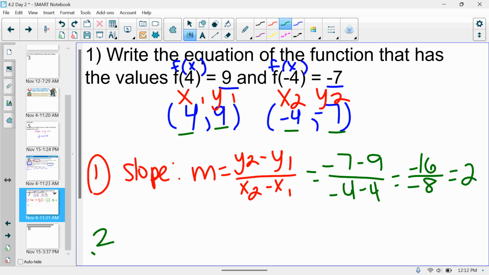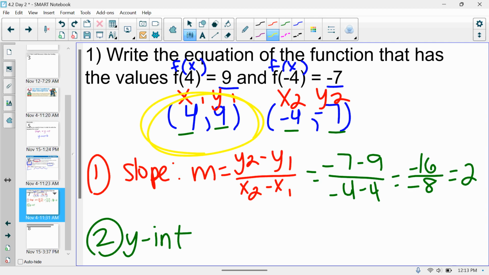Okay, step 2 is find the y-intercept. Let's check first if we know the y-intercept. Would this point be on the y-axis if I graphed it? Or would this point be on the y-axis if I graphed it? Give me a thumbs up if you think we know the y-intercept and a thumbs down if you think we don't. I need to see everybody vote so I can see your thoughts.